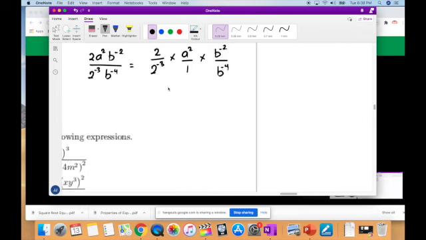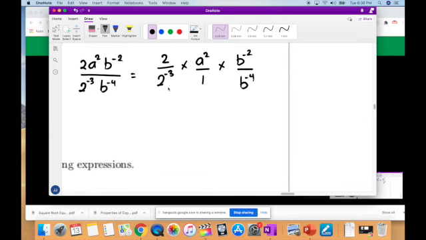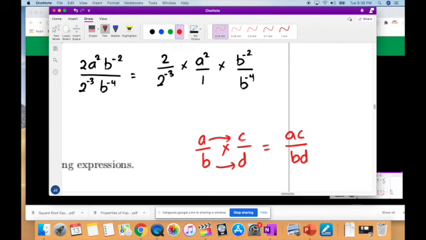If I was to have two fractions being multiplied, a over b times c over d, what do I do when multiplying fractions? You multiply your numerators to get ac, you multiply your denominators to get bd.